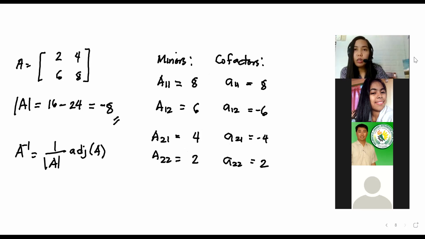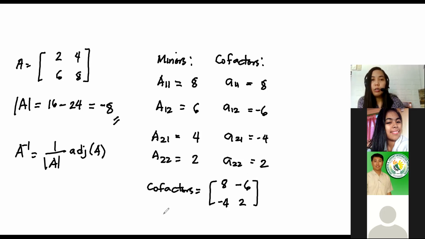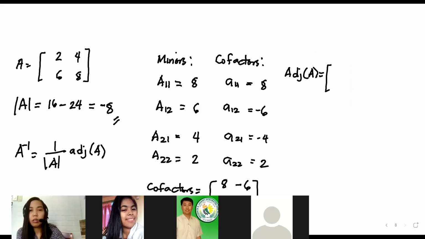So the cofactors are 8, -6, -4, 2. Adjoint of A is the transpose of your cofactors.